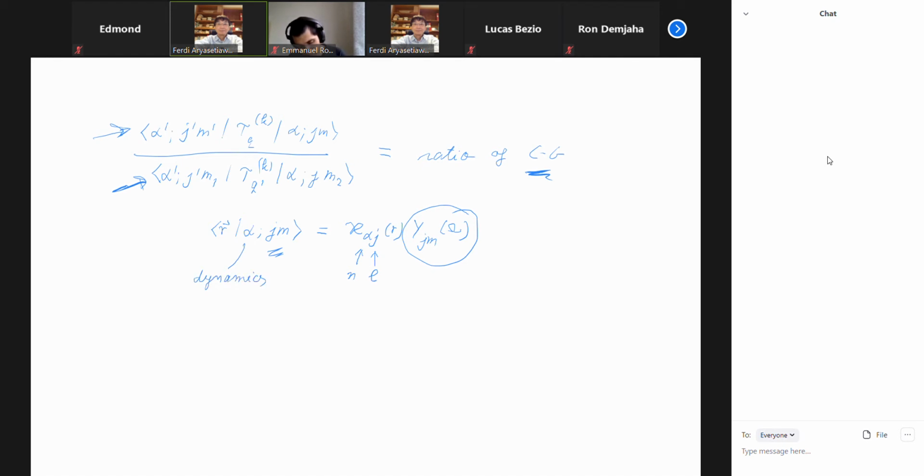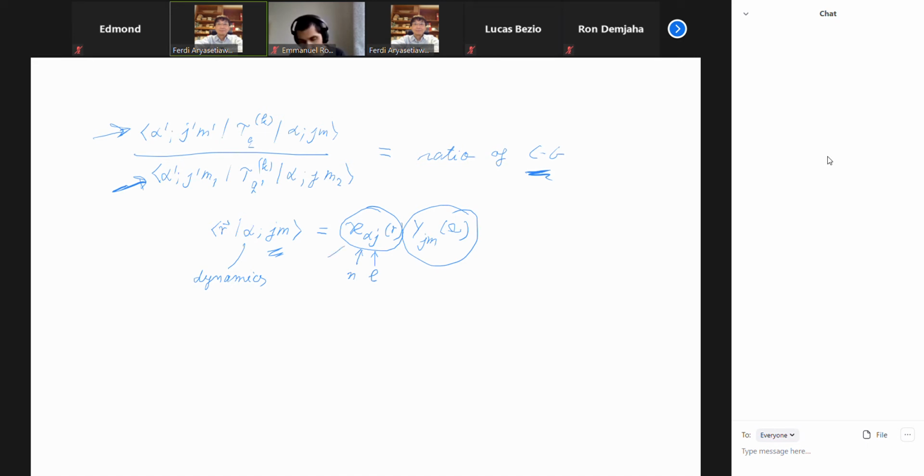So by the dynamics, we mean the potential, say, of the system. If I have two different spherically symmetric potentials, then it will give me different radial functions, alpha j, or R_nl.